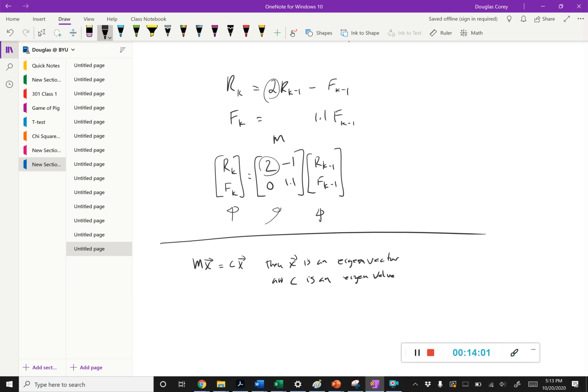So these match up. The eigenvector is associated with a particular eigenvalue, and eigenvalues are associated with a particular eigenvector, sometimes a set of eigenvectors.